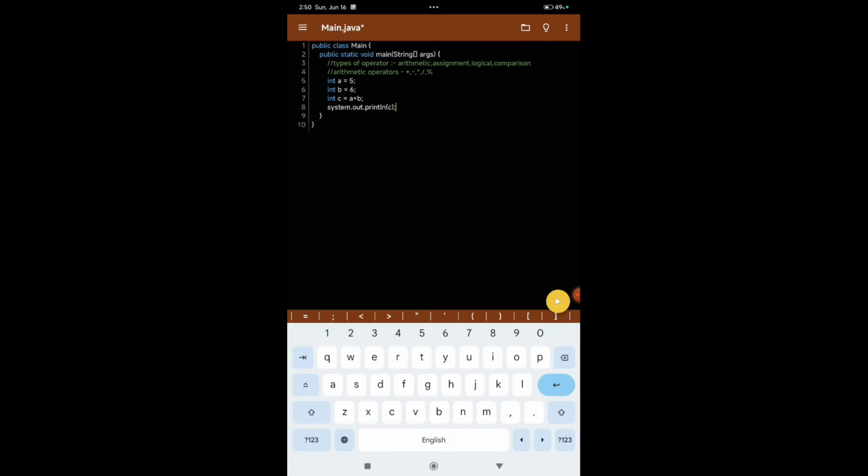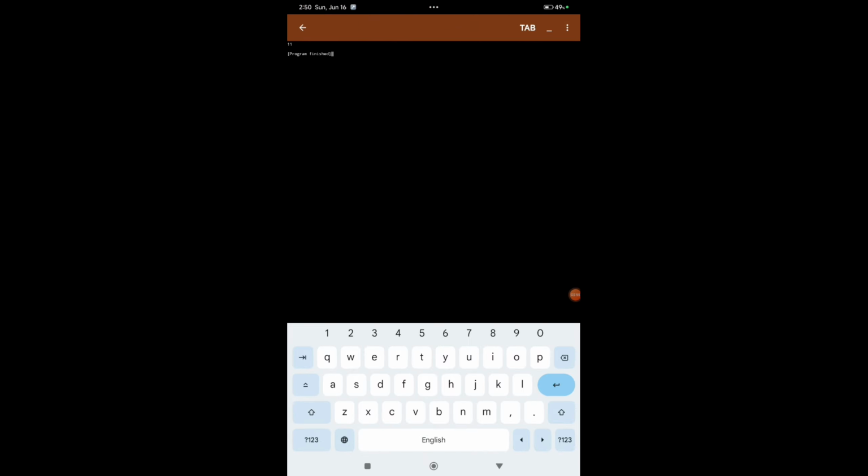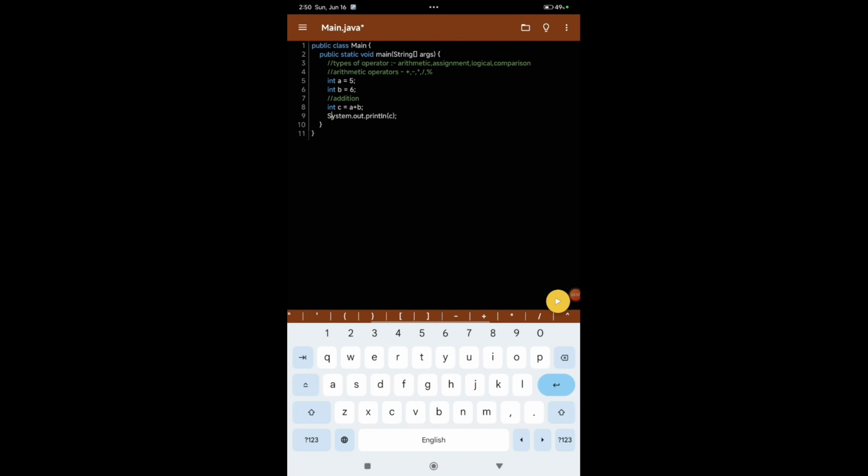I will write here addition. So let's run it. I think one error will occur. Yes, I have to write a capital S. Now no error will occur and it will print 11.